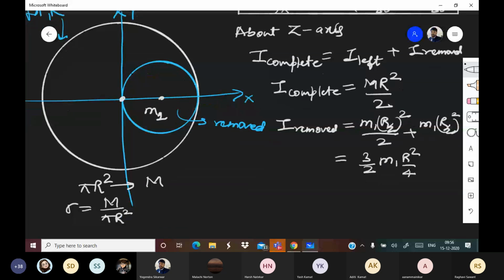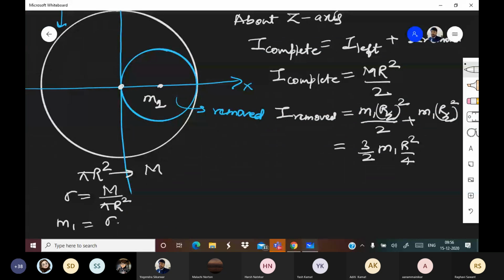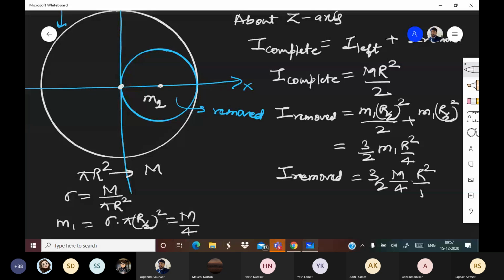This was the most crucial step in this question. So I removed comes out to be 3 by 2 into capital M by 4 into R square by 4. So that can be written as 3MR square upon 32.